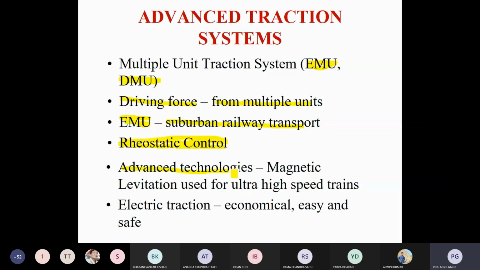Advanced technology, meaning magnetic levitation, is used for ultra high speed trains, as in Germany and Japan. One type is attraction type magnetic levitation, another is repulsion type, and both are used.